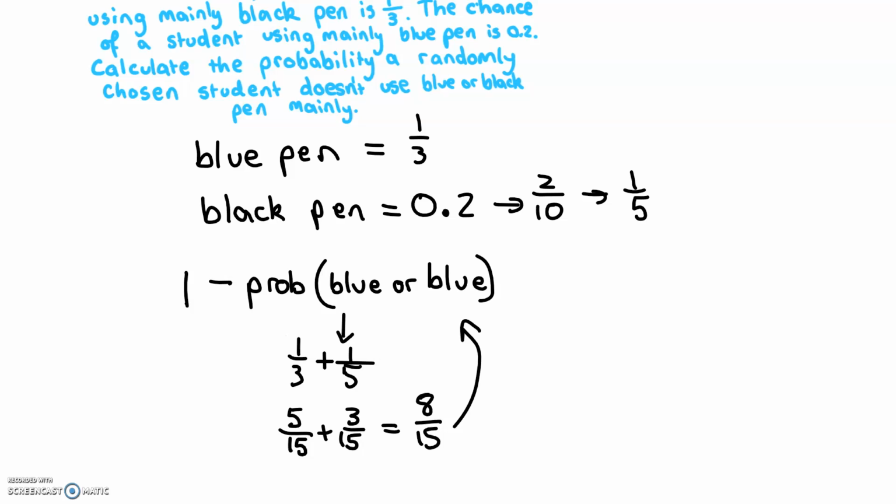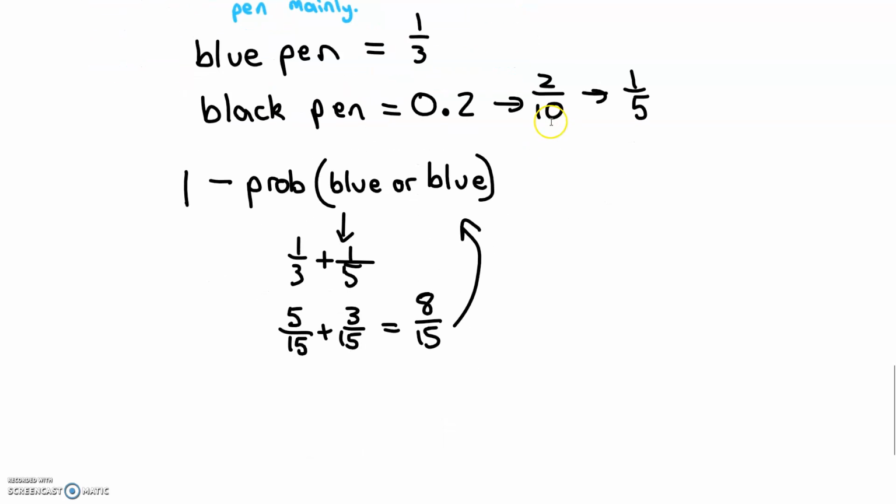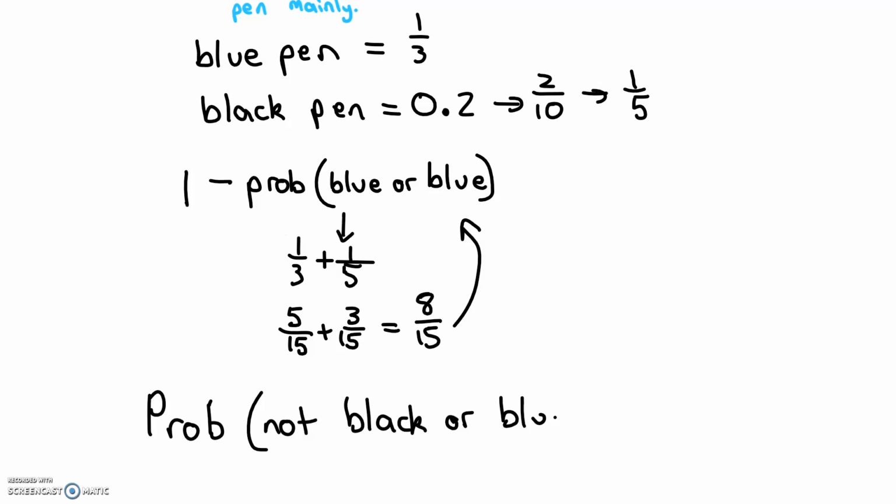Oh Lord, we're just going to pretend it says black. So that means the probability of neither of those, the probability of not that, is just 1 take away 8/15, which is going to give us 7/15 left over.